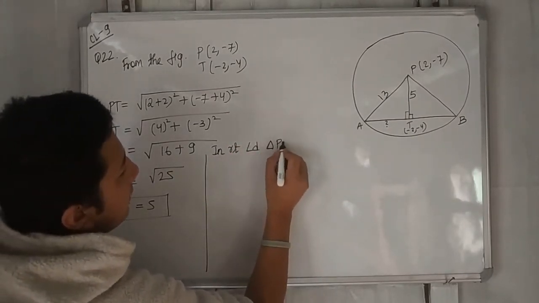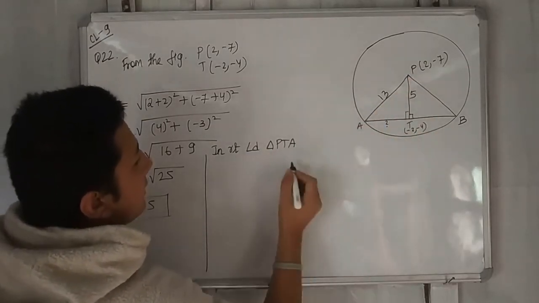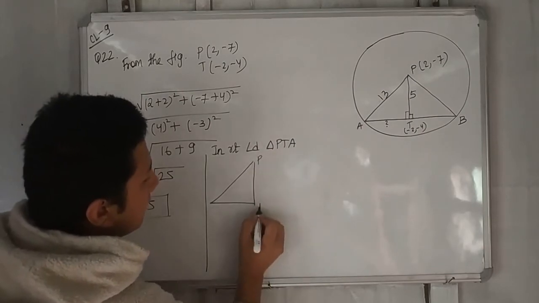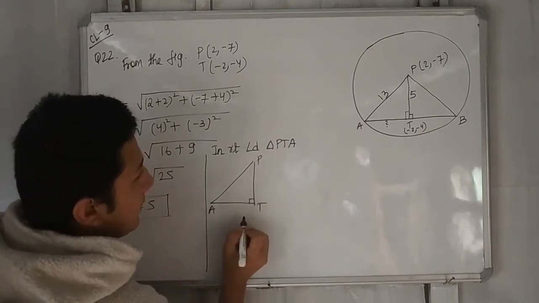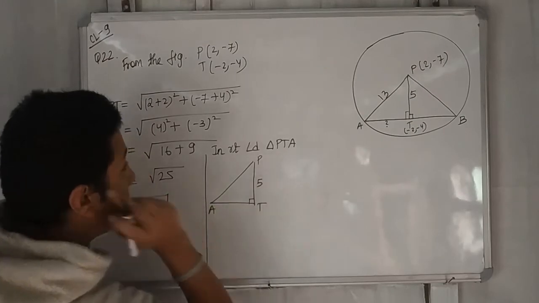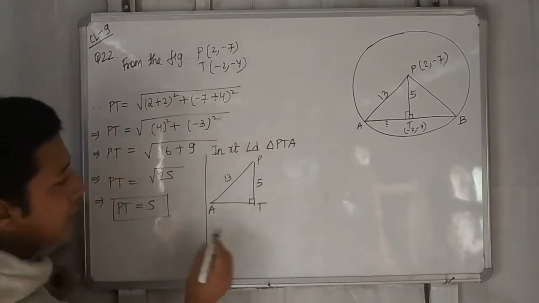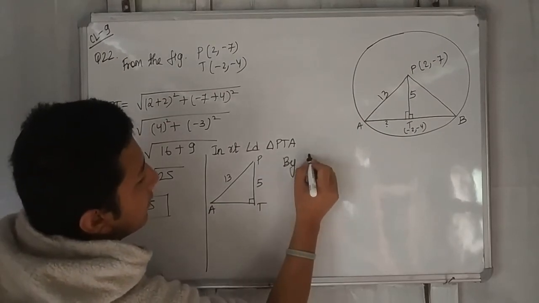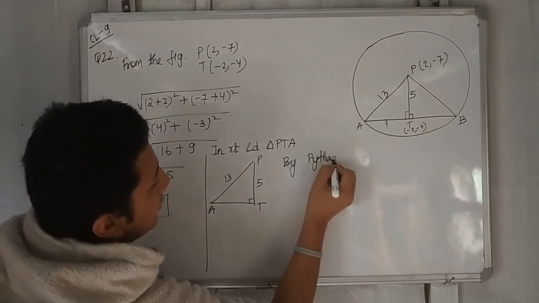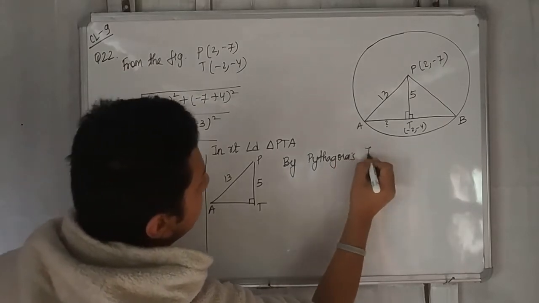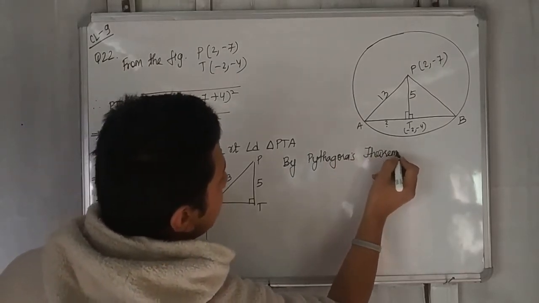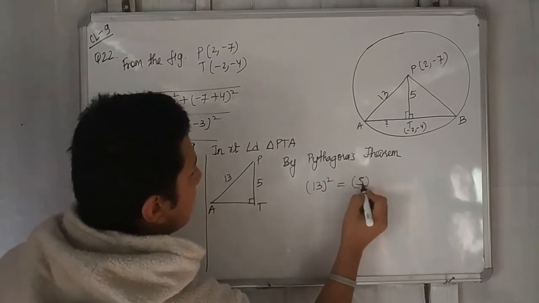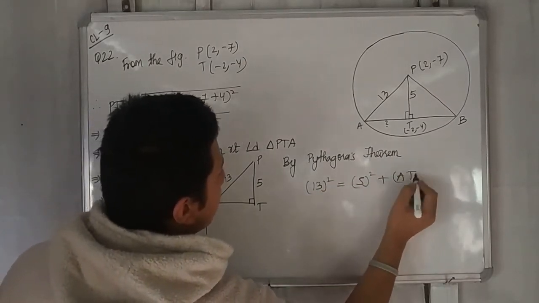Alright boys, so PT is 5, and now in the right angle triangle, which right angle triangle? PTA. I'm talking about PTA, boys. You can make the figure as well out here. This is your P, this is your T, this is your A, this is 90 degrees, this is 5 and this is 13. So we know by Pythagoras theorem, hypotenuse square, that is 13 square, equals 5 square plus AT square.